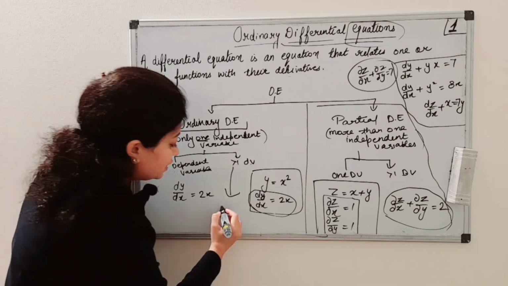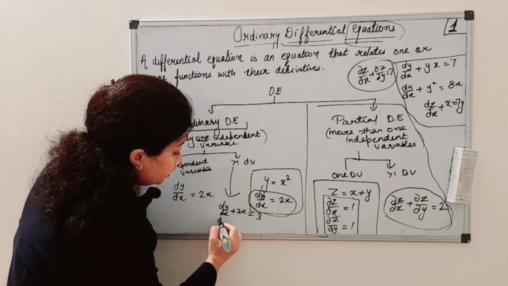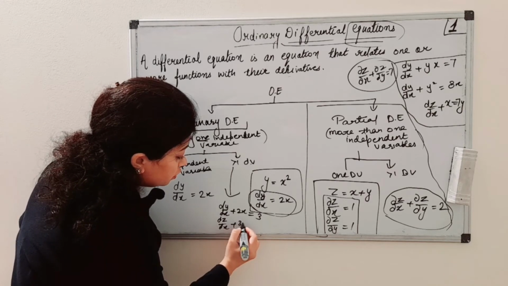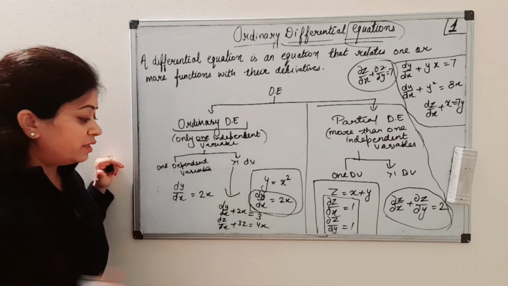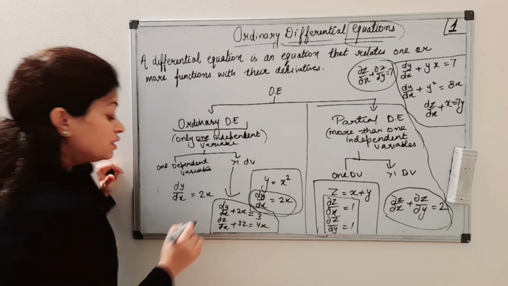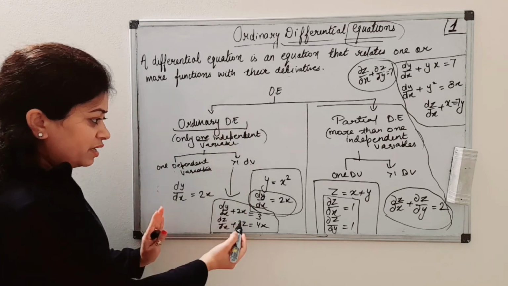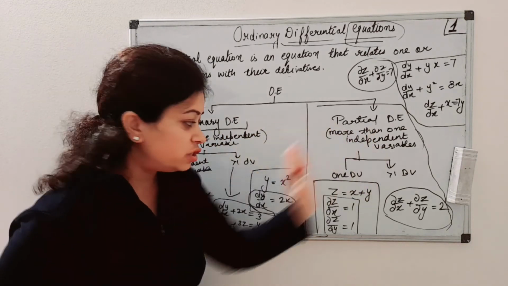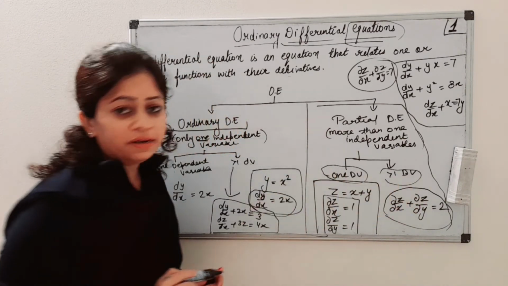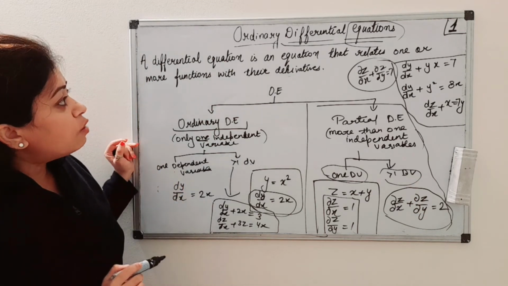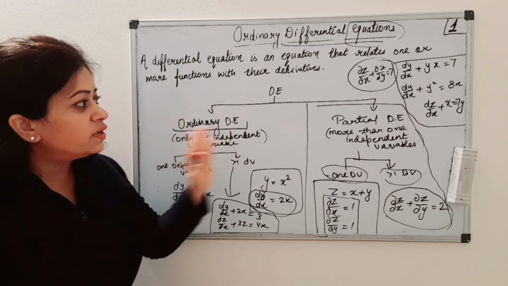Suppose we have dy by dx plus 2x equal to 3, dz by dx plus 3z equal to 4x. So this is a system of equations. In ordinary differential equations we classify like this, and in partial differential equations also we classify like this: one dependent variable or more than one dependent variable. So now we have studied what ordinary differential equations are and how we classify them.